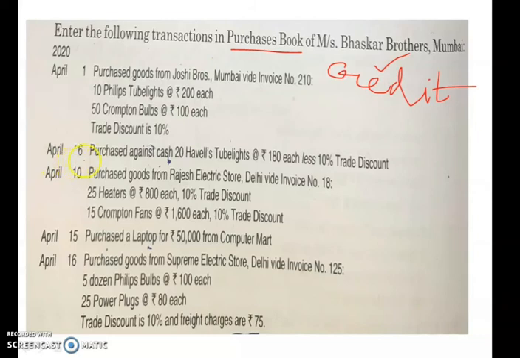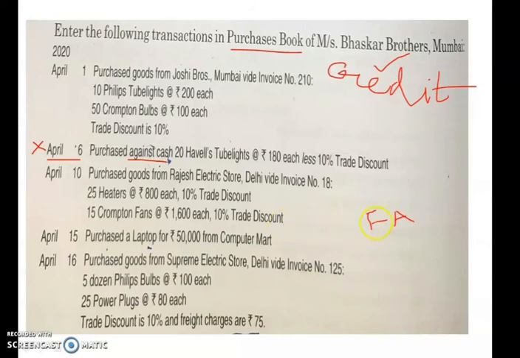So in this particular problem, you can see on January 6, this is a purchase made against cash. So this entry will not be recorded. And one more thing you have to remember is fixed asset purchase. If you are purchasing any fixed asset, whether it is credit purchase or cash purchase, anyway cash purchase will not be recorded in purchase book.